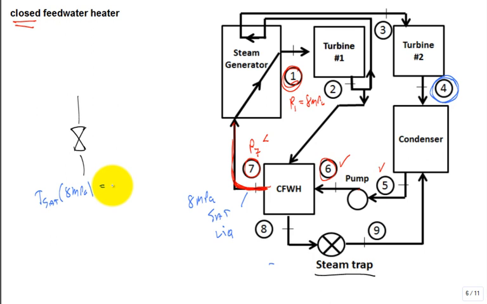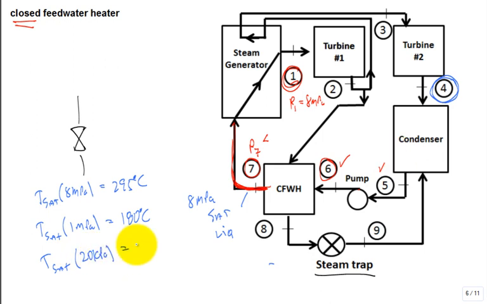Just a skosh under 300 degrees C, 295 degrees C. What's the saturation temperature of steam at 1 MPa? That's kind of our intermediate pressure we've used a lot, about 180 degrees C. And what's our saturation temperature at 20 kPa, the low pressure in this condenser? Around 60 degrees C. Got it?